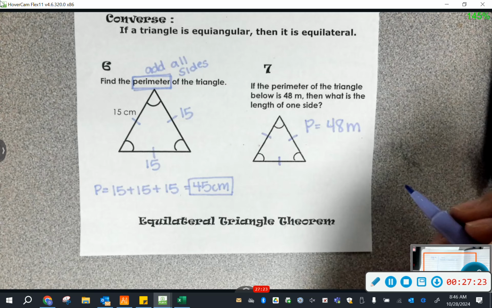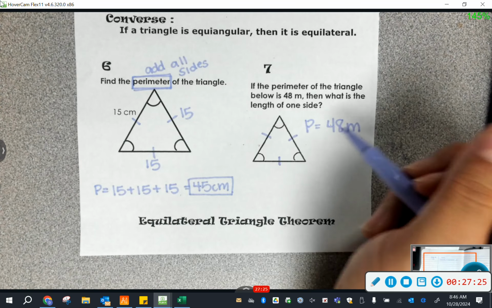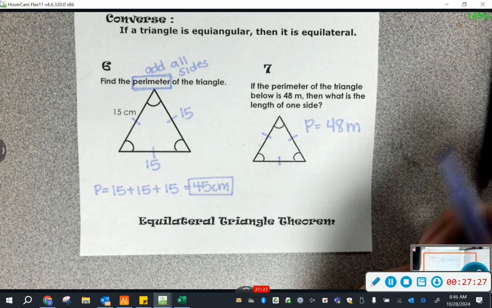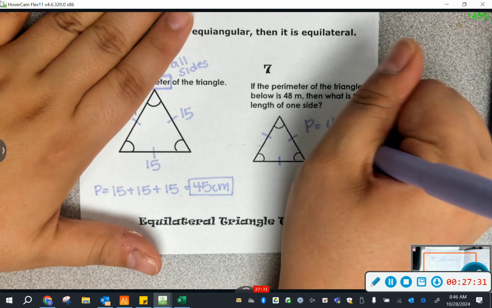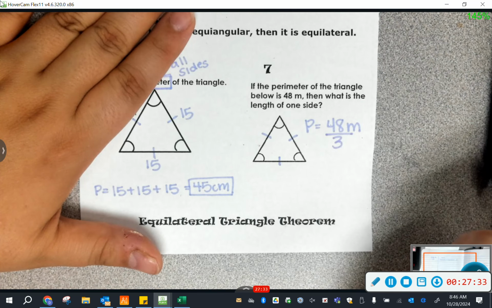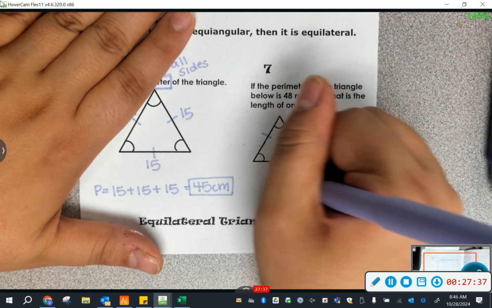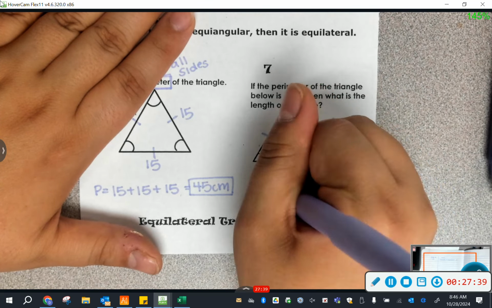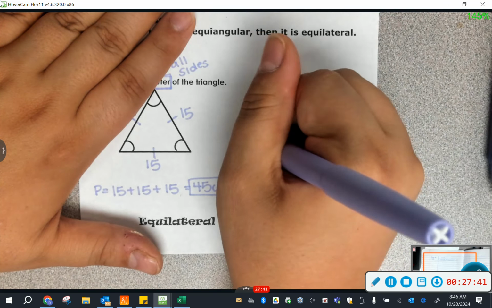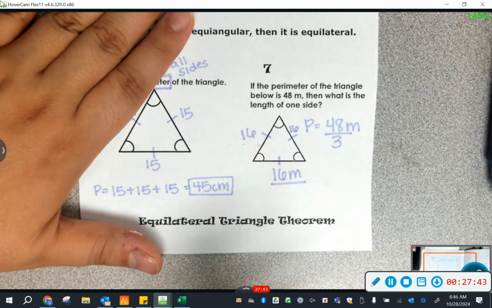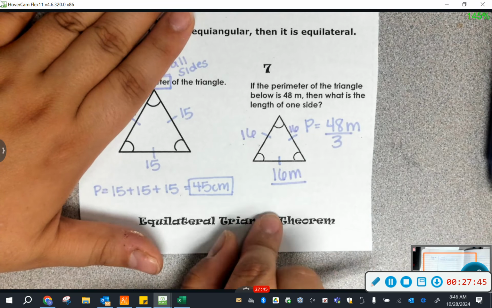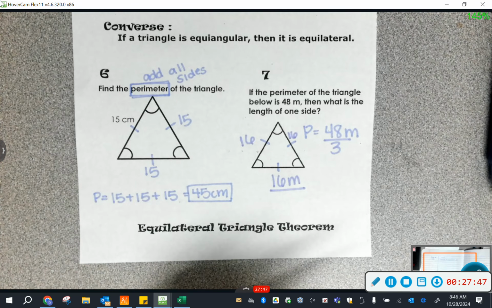If I know it adds up to 48, how can I find what one side is? Divide by 3. There are 3 sides. What is 48 divided by 3? 16. One side is 16. And can you check yourself? What's 16 plus 16 plus 16?